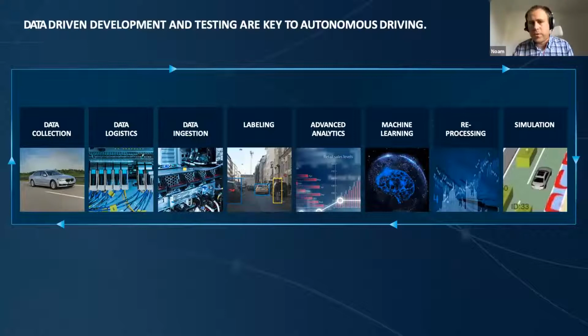So there is a lot of post-processing, trying to understand what happened in the different drives and how we can leverage it to improve. All of that revolves around the actual development of the software in the car.